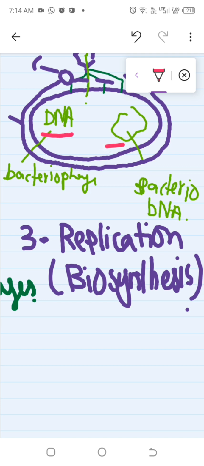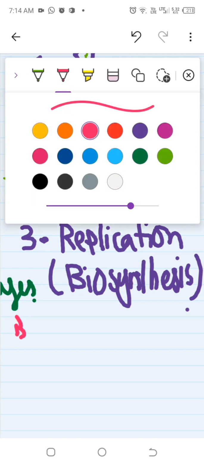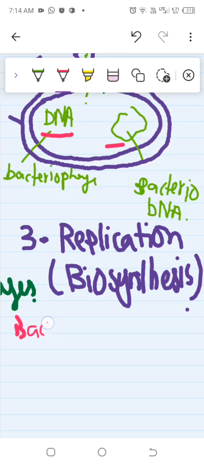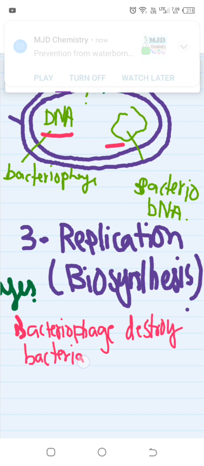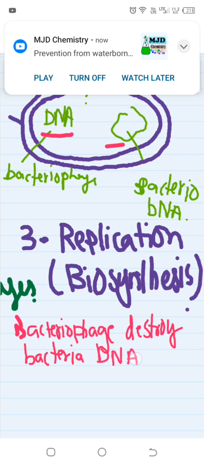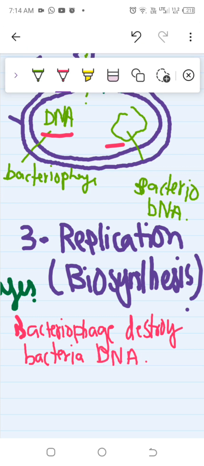As we have both the DNAs here in the bacteria, the bacteriophage will destroy the bacteria DNA. When this bacteria DNA is destroyed, the bacteria contain the metabolic machinery, which is now directed by the phage. Now the phage will do whatever it wants, because the bacteria's DNA is destroyed.